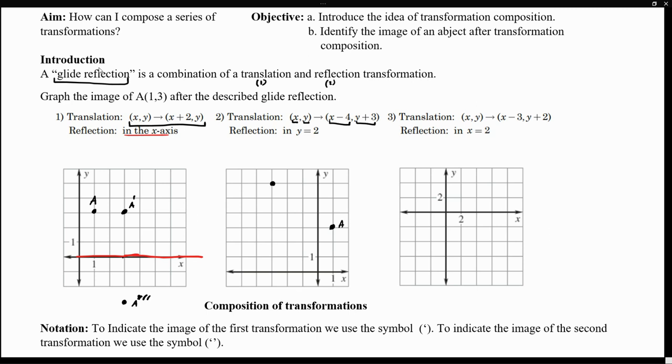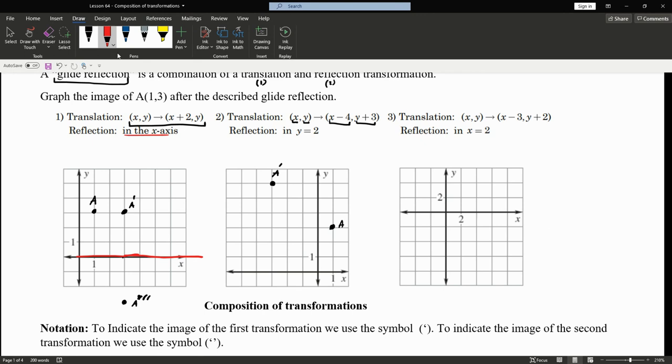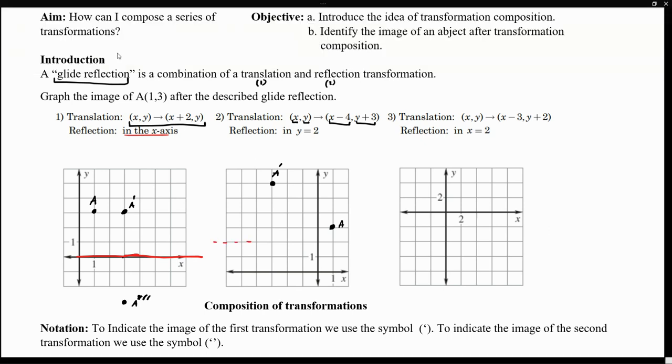Notice that this point is the product of performing a translation. Therefore, this point is considered A prime. Now let's perform a reflection on the line y equals 2. Y equals 2 is essentially this line right here, so let me draw it dotted. This dotted line will represent the line y equals 2. Let's reflect our A prime point.